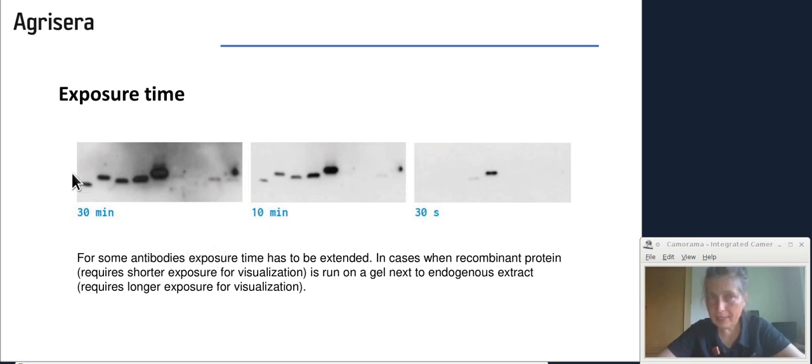So when you're testing an antibody, I would recommend extending the exposure time to see if the band appears after a longer time. Then the parameters of protein load per well and primary antibody concentration can be adjusted.